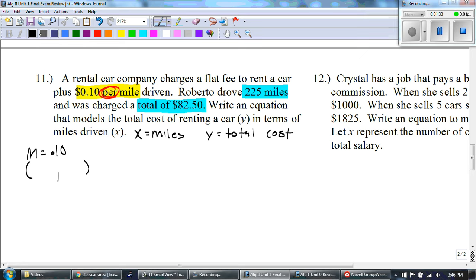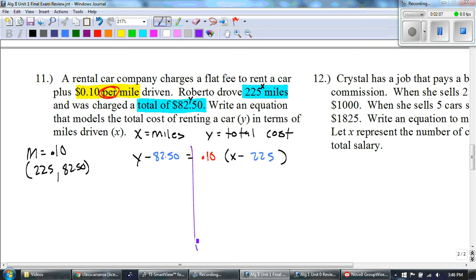Miles is x, and the cost is $82.50, so 225, 82.50. If they give us a point and a slope, I have to do point slope. So our slope is 0.10, and our y goes with the y, and our x goes with the x.